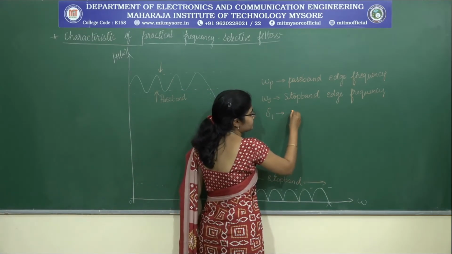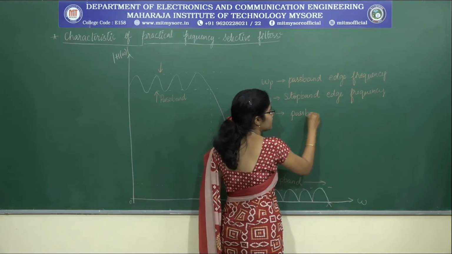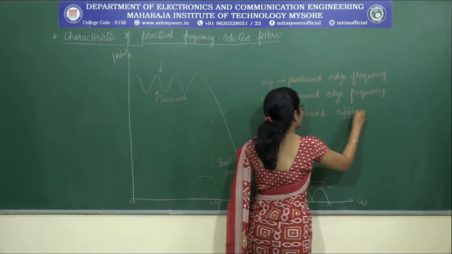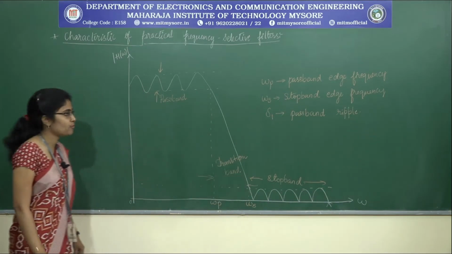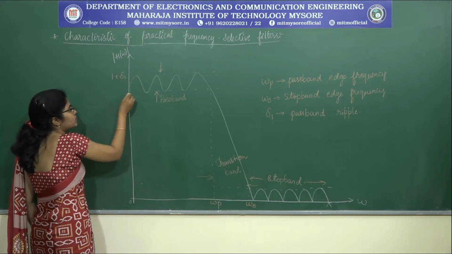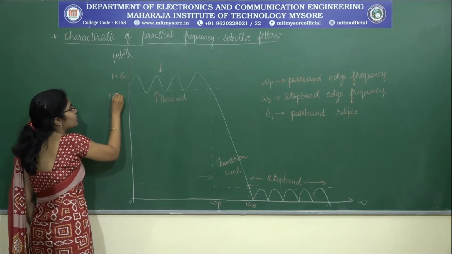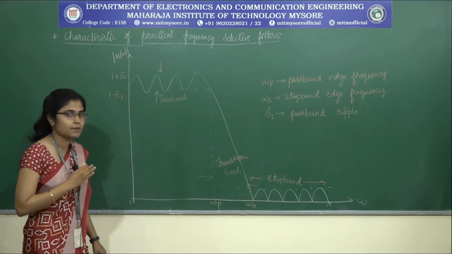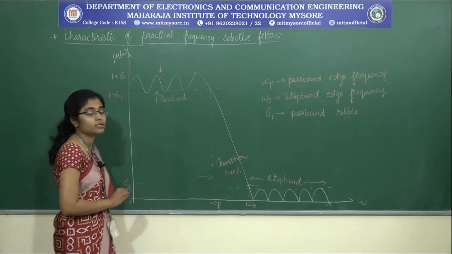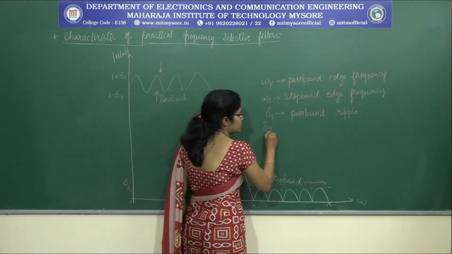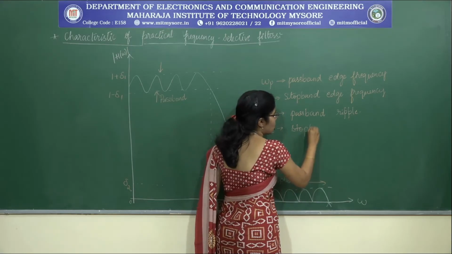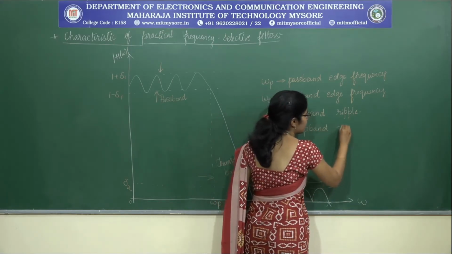It is the pass band ripple, and the magnitude of H of omega will vary from 1 plus delta 1 to 1 minus delta 1 if ripples are present in the pass band. Similarly, delta 2 is the stop band ripple.